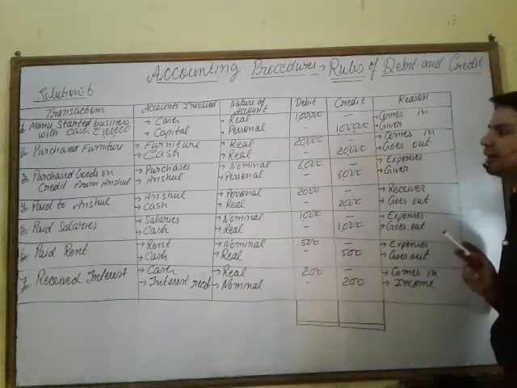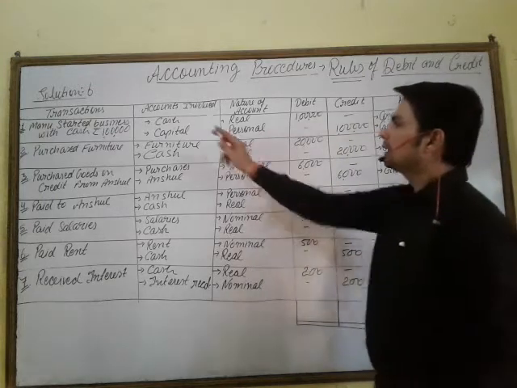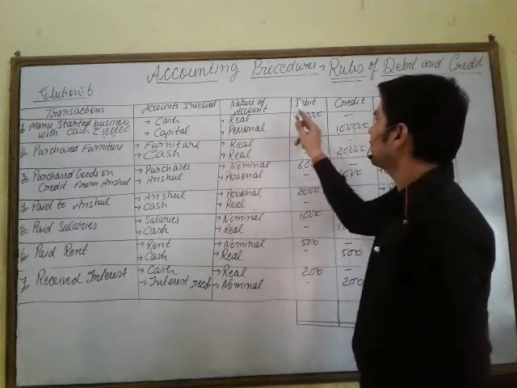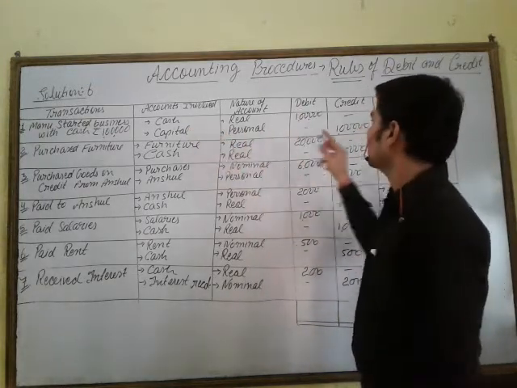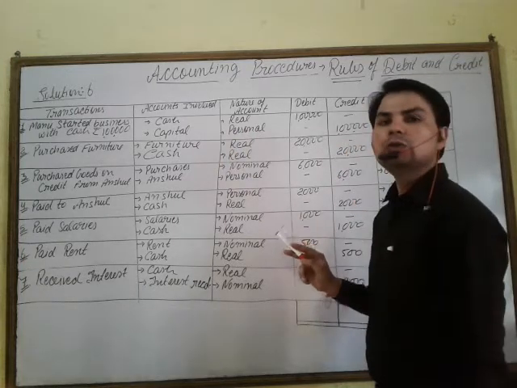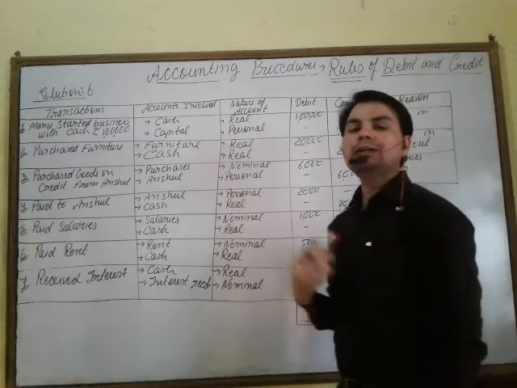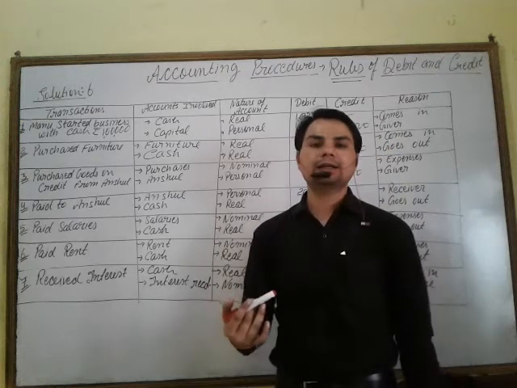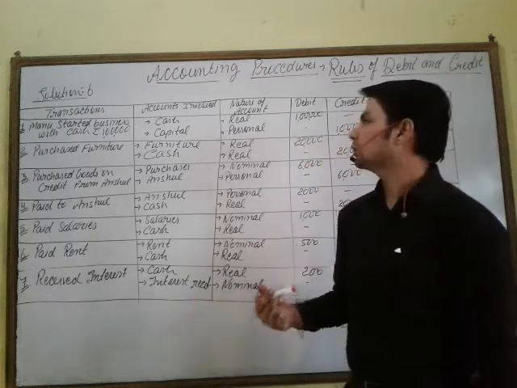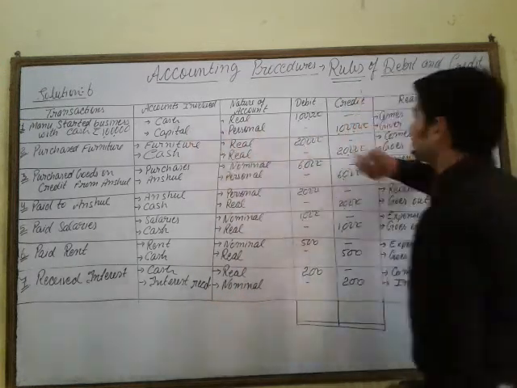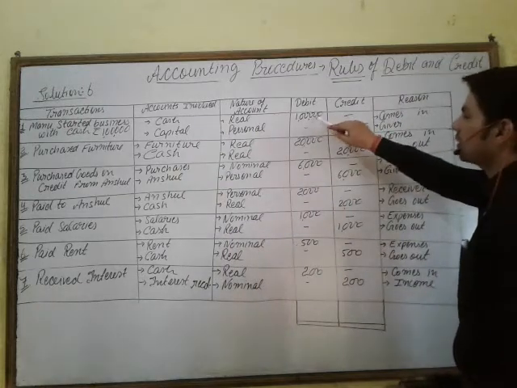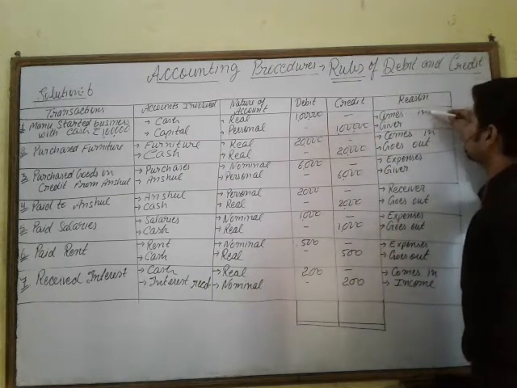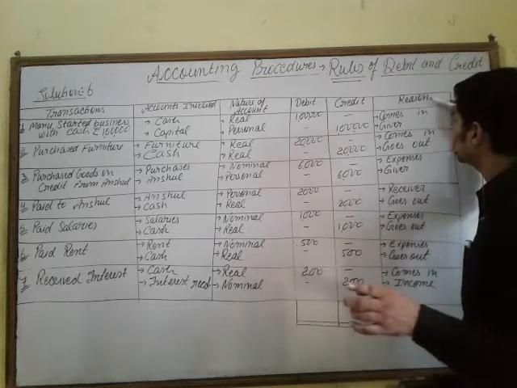What will be the journal entry? Listen very carefully. Cash account debit to capital account. We don't need to say credit while saying 'to' capital. Now why have we debited the cash account here? Because what comes in is debit. This is the reason.